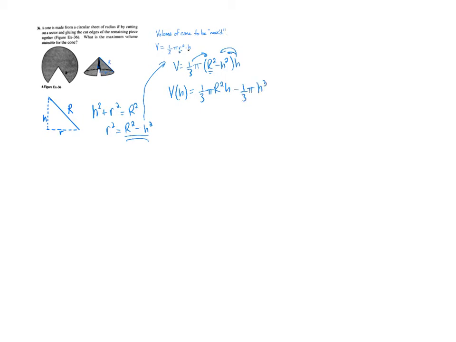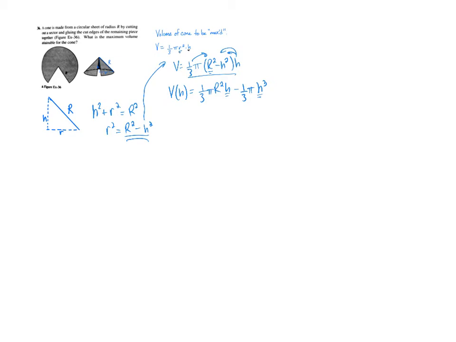I got that by multiplying those three factors together. That's nice because we've got the volume in terms of one thing that's changing, lowercase h. Remember, big R is a constant in this situation because the radius of the piece of paper is not changing. The radius of the cone will change depending on how big a sector you cut.